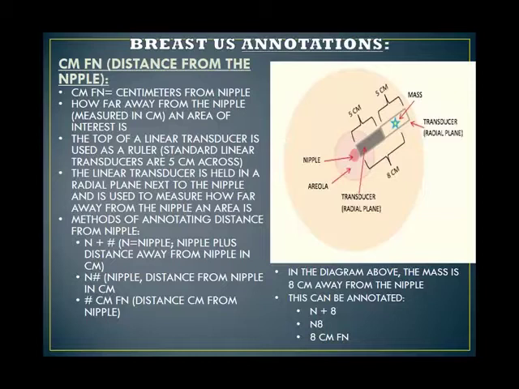The next thing is how far away from nipple, and it's always CM-FN, or one of those other 2 methods. FN, everybody in breast imaging knows that means from nipple. Those are standard things. And the next thing we're going to have is our transducer orientation. So are we radial or sag or whatever? So that's how we would annotate a breast image.